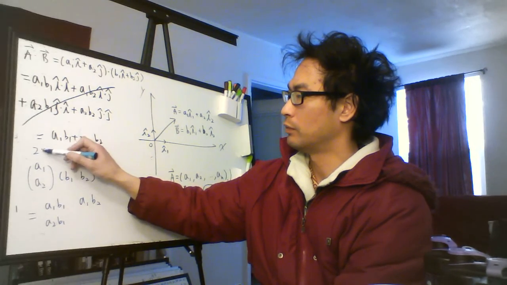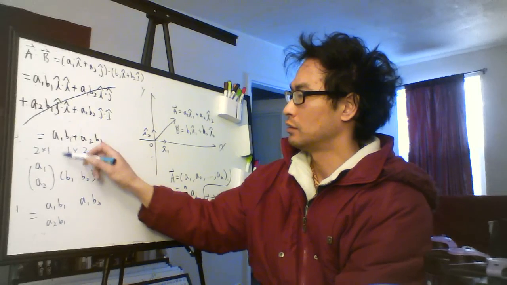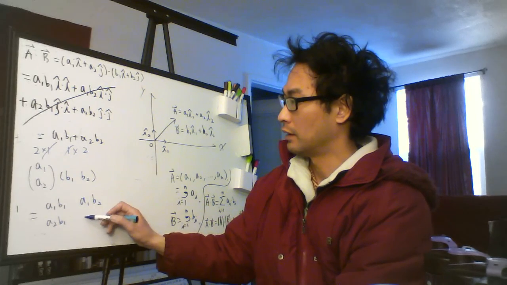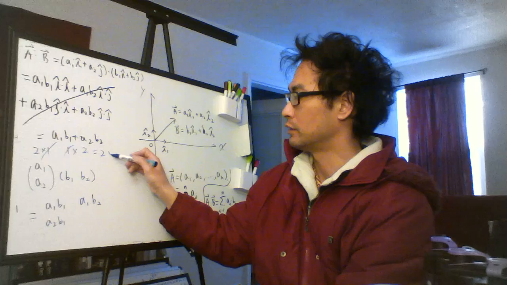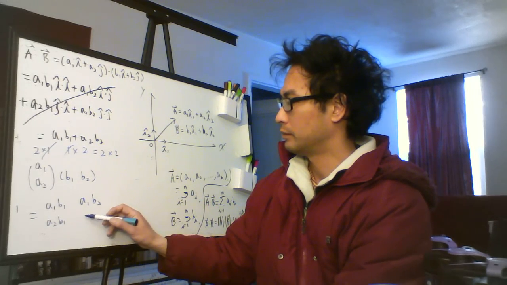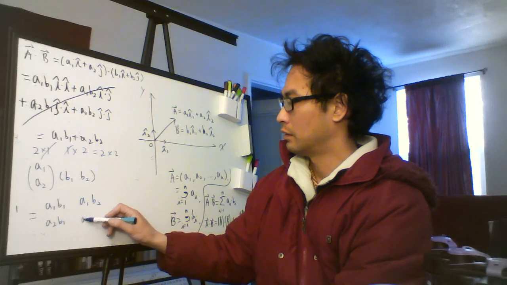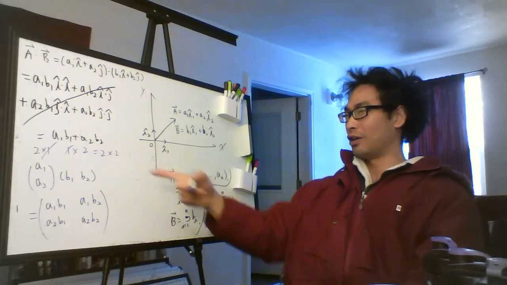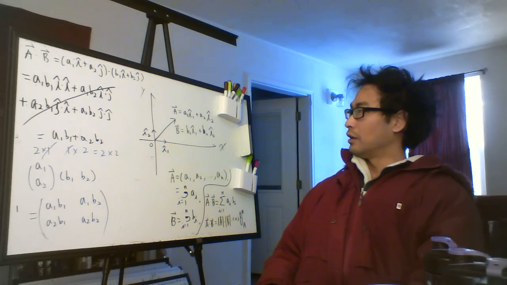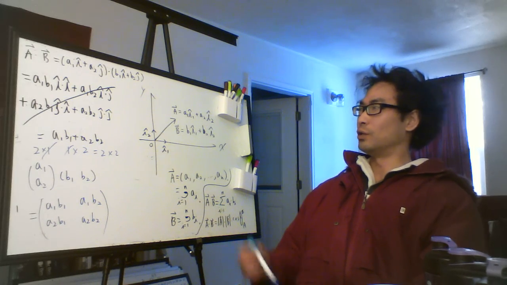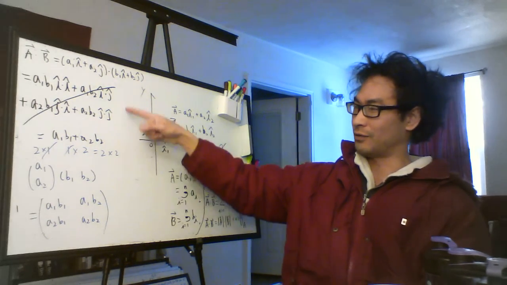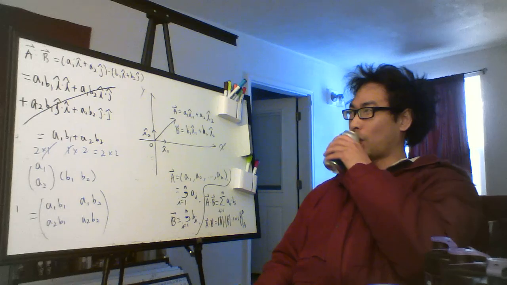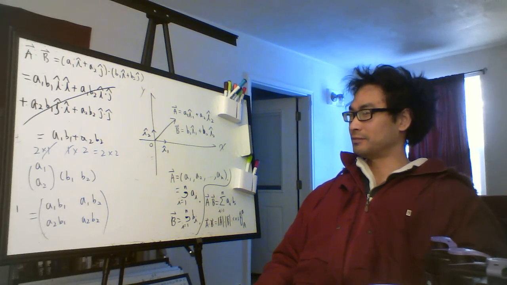In the middle, they cancel out, just like vector addition. So it becomes a 2 by 2 matrix. It kind of looks like that, right? You have a column vector, a row vector. It's something we just noticed.